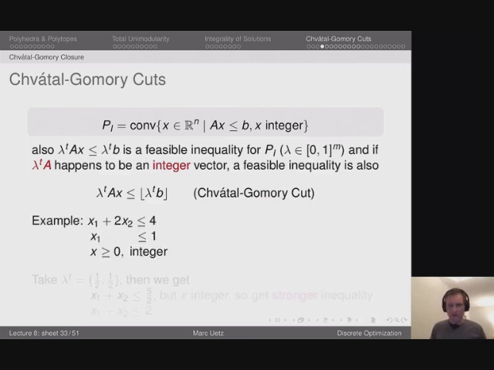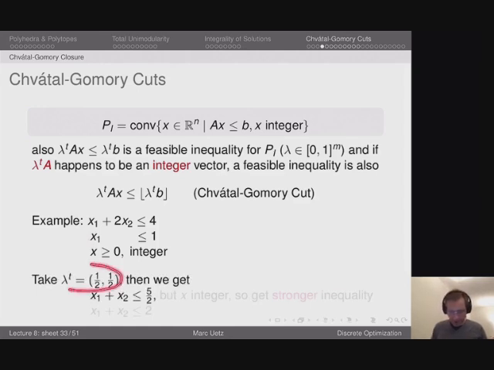I think it's easier explained on a very simple example here. I have two inequalities, x1 plus 2x2 smaller or equal than 4 and x1 smaller or equal than 1, both required to be non-negative and integer. So x is integer. Now if I take 1/2 of the first inequality plus 1/2 of the second inequality, what do I get?